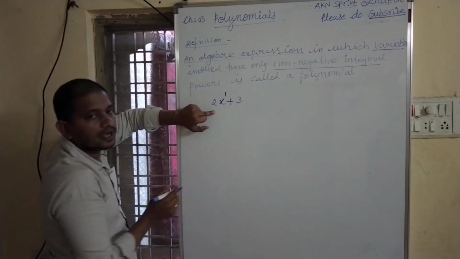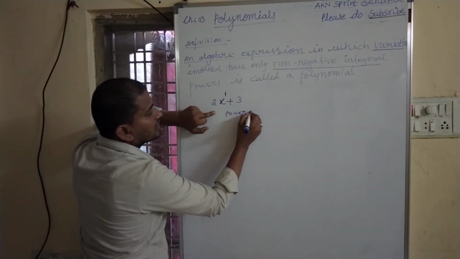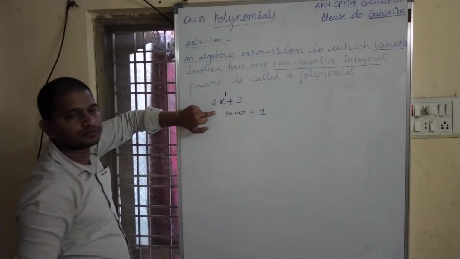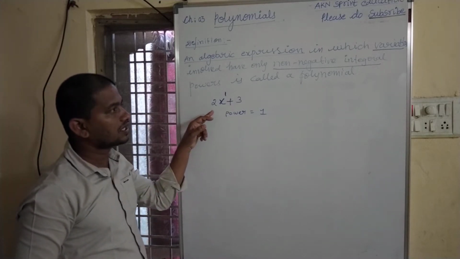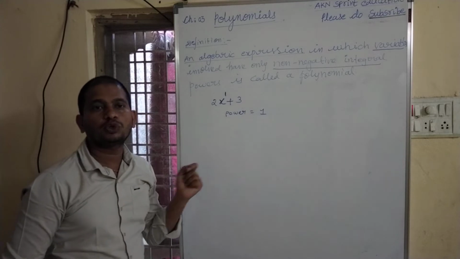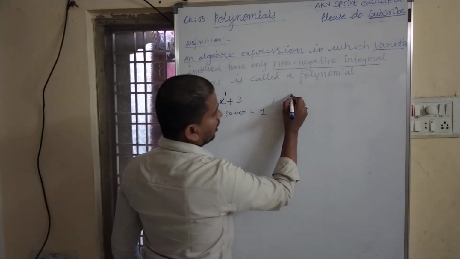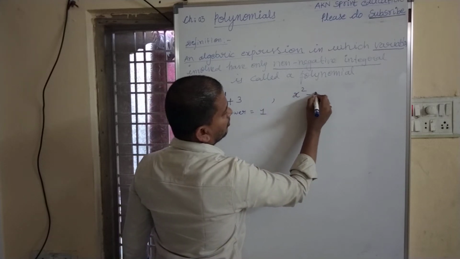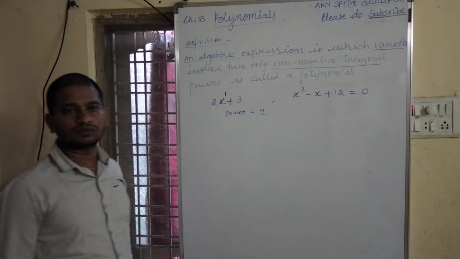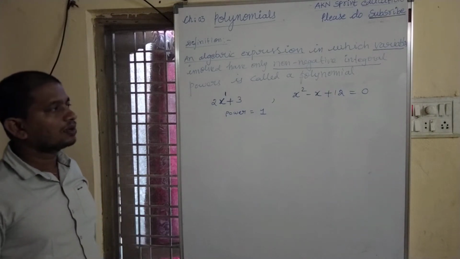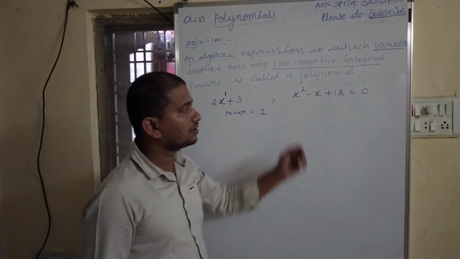The power of x is 1, which is a positive integer. Hence it is called a polynomial. Here 2x plus 3 is a polynomial. One more example: x square minus x plus 12 is equal to 0. Is it an expression?